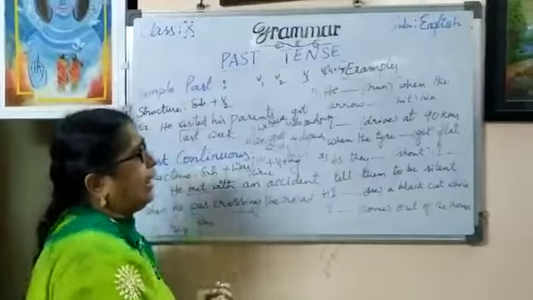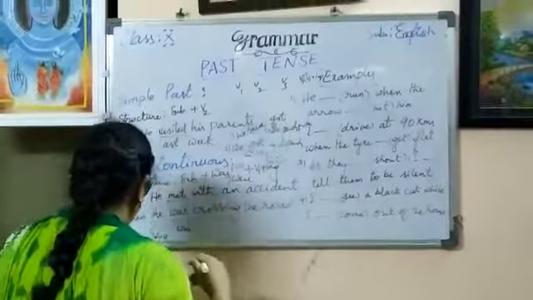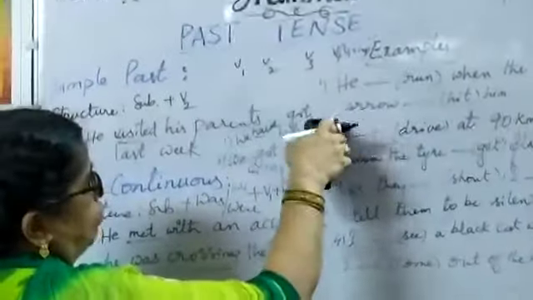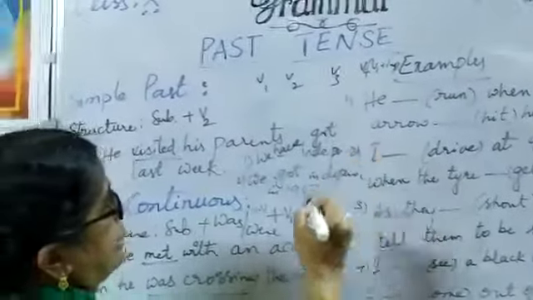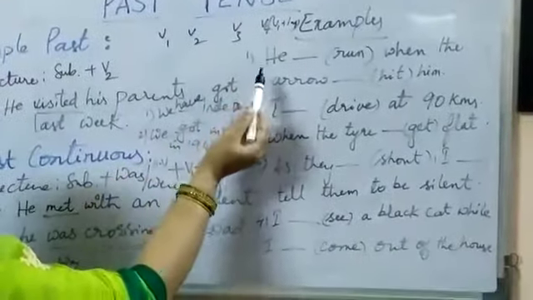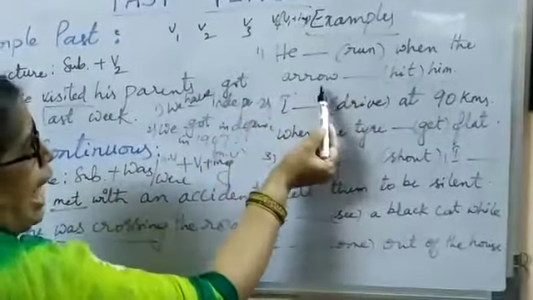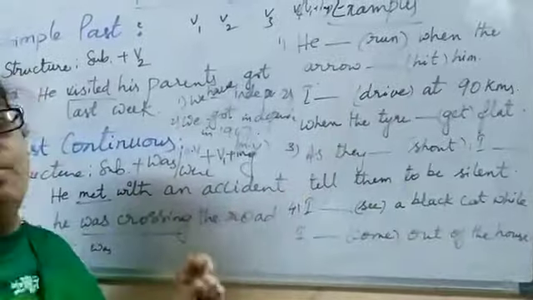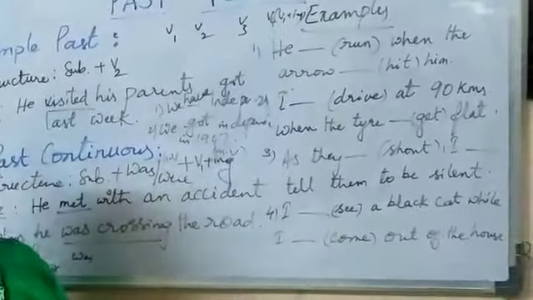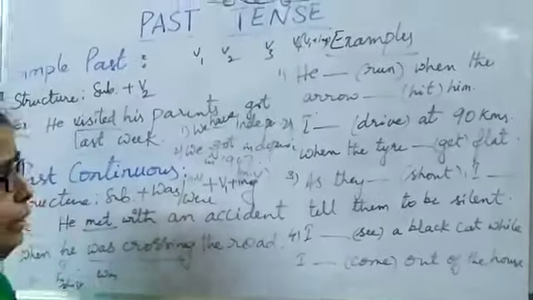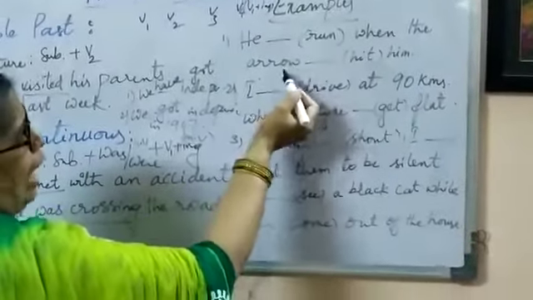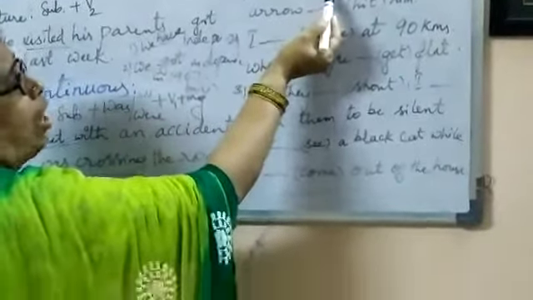Yeah, here I wrote some examples, to make it clear. So look at the first sentence. First example: He dash ran when the arrow dashed him. Here the verbs are given: run, hit. Where we have to use past continuous, where simple past? There is a chance of that arrow hitting him when this action is ongoing.